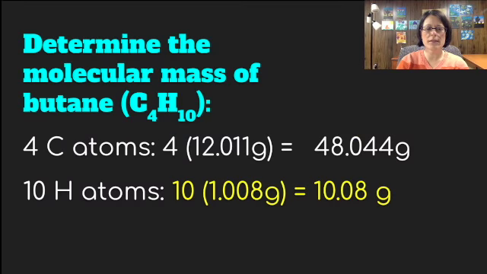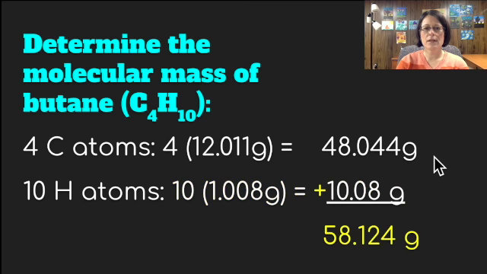So we multiply 10 times 1.008 grams and get 10.08 grams. What we do then is we add those two numbers together and get 58.124 grams. That is the molecular mass of butane, the mass of the whole molecule.